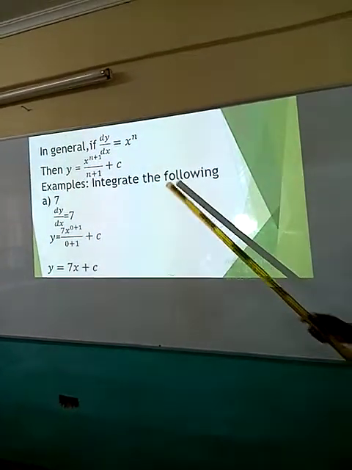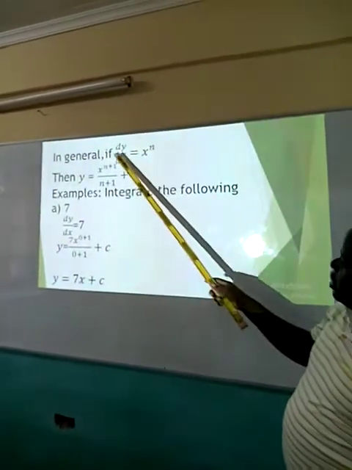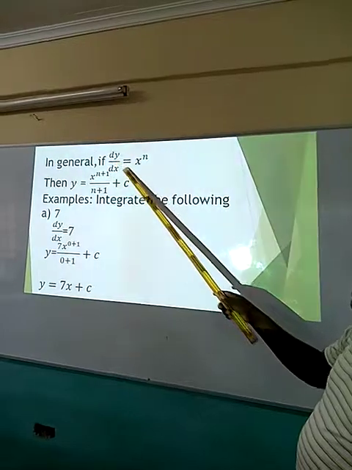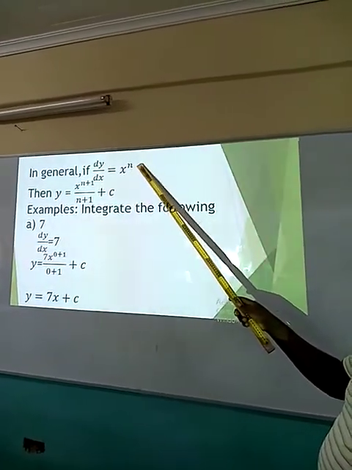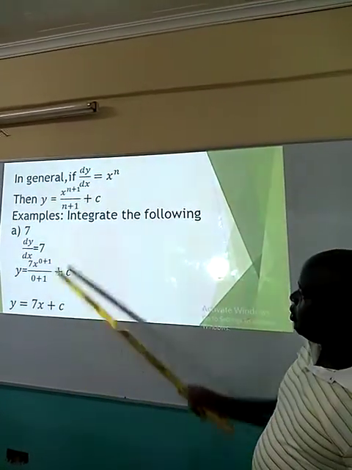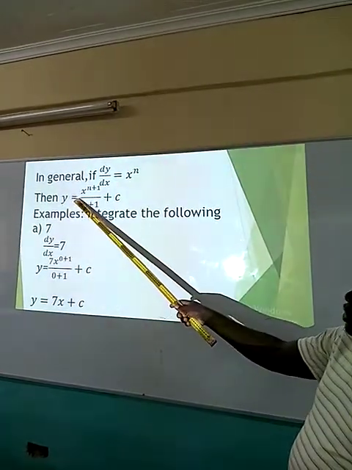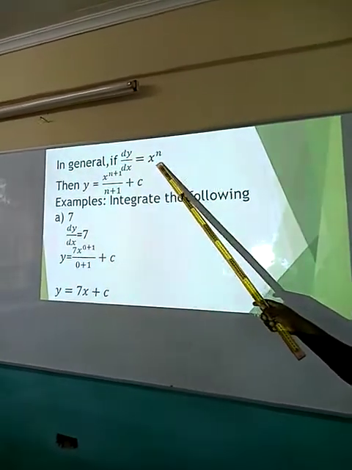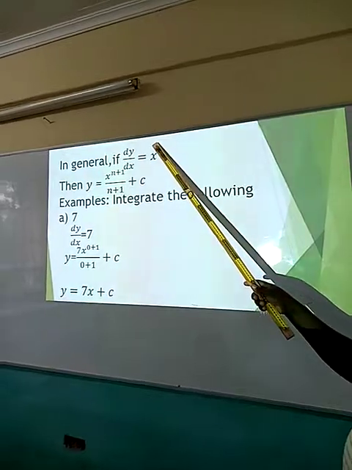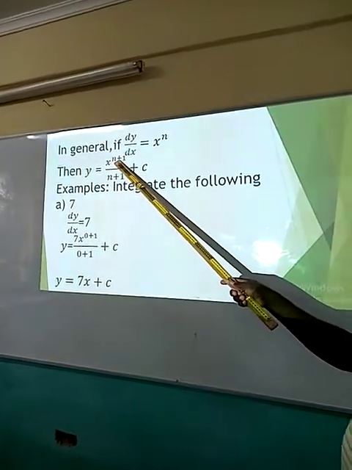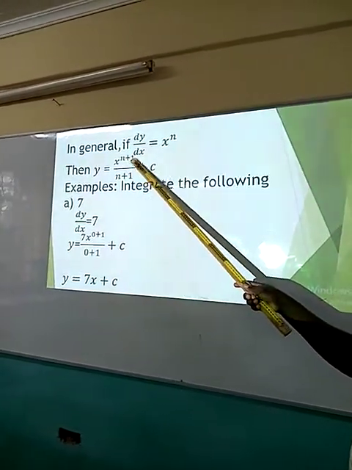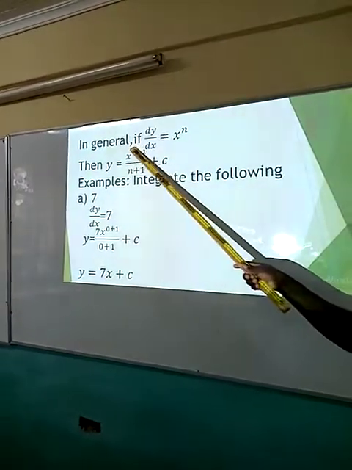Now, we say that in general, if we are given a derived function dy/dx is equal to x^n, then y, the function now, is equal to, this is a function in one term only, x^n. So we add 1 to that power. Our new power is now n + 1.